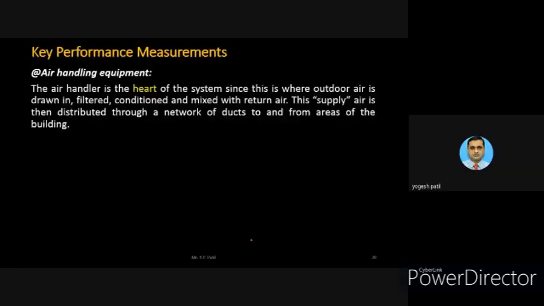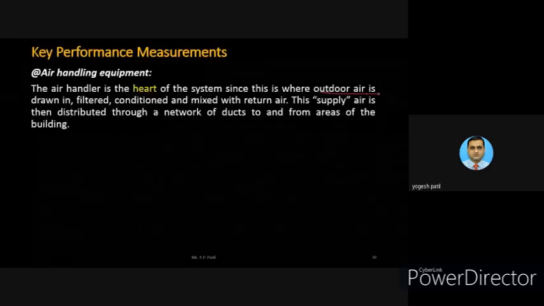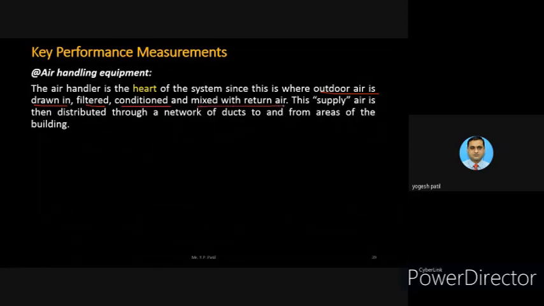Mainly, air handling equipment is the main part. The air handler is the heart of the system, since this is where outdoor air is drawn in, filtered, conditioned and mixed with the return air. So it is not only an open loop; there is a closed loop also.